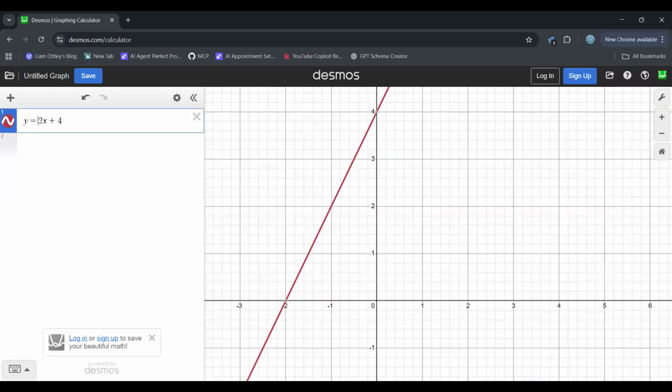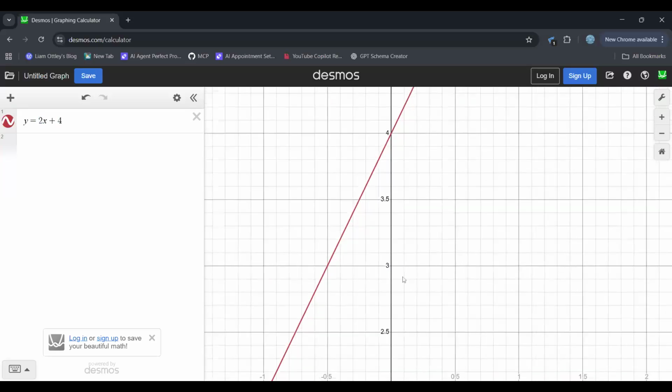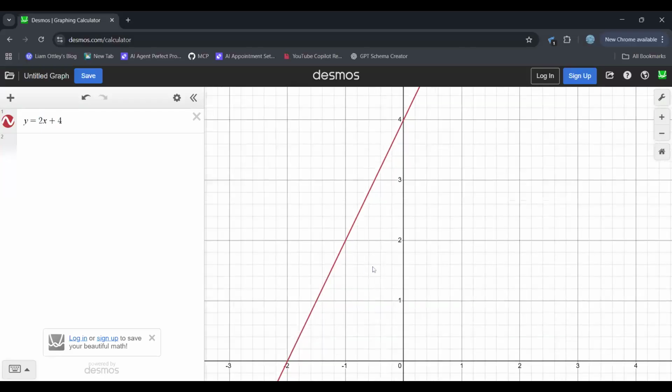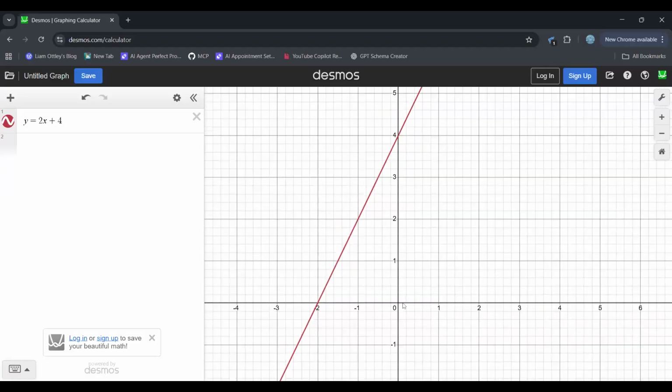And then we have the value of 2 right here. So 2 is the slope of the line, which is how fast the line changes. So as x goes up by 1, y goes up by 2, just like the table of values.